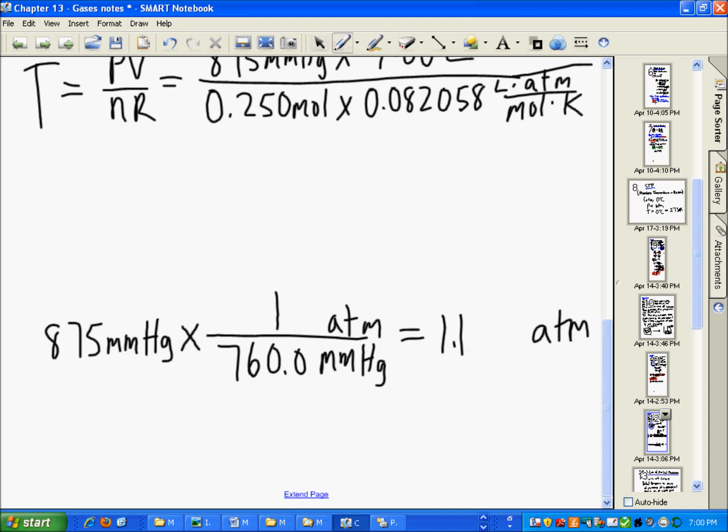So 1.1513 atm, and that should be rounded to 1.15 atm for 3 sig figs. And in your book, having read the chapter, there's a section on pressure, and it talks about what pressure is and the pressure units.